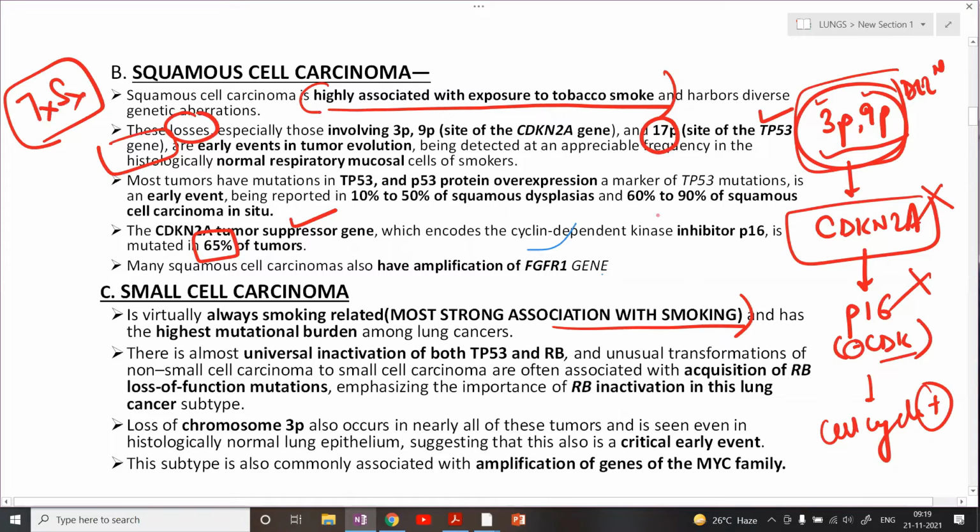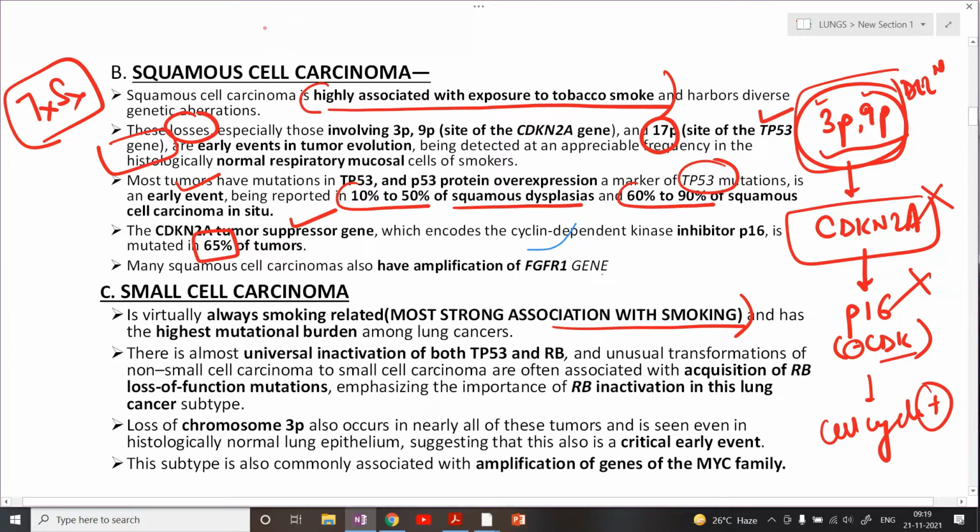This TP53 mutation is a very early event, and because it occurs early in the course, it is reported in 10 to 50% of squamous dysplasia and 60 to 90% of squamous cell carcinoma in situ.